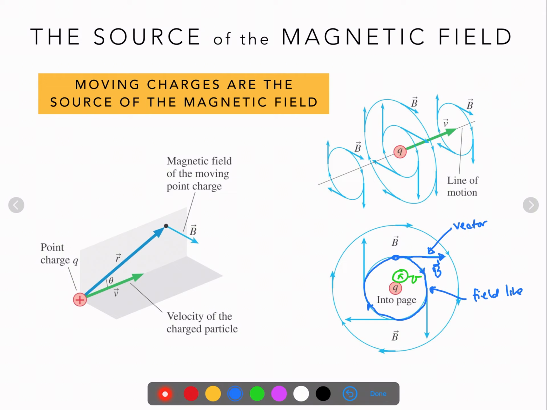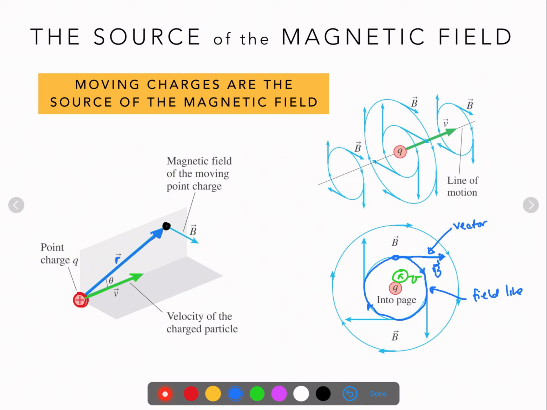Now, this gets real ugly when you start to try to draw out the math. So this is like thinking about this point right here. Here's your direction of motion. Here's the point where you care about the magnetic field. Here's your distance between your charge, which is now moving, and the point at which you care about the magnetic field.